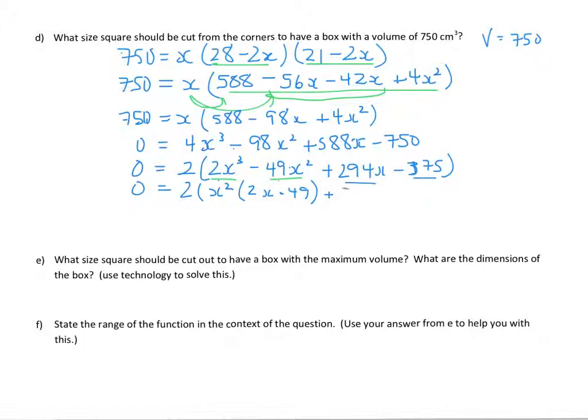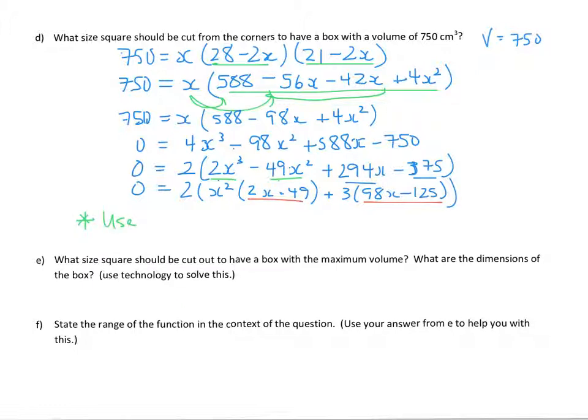So I'm going to take out a 3, but that's going to leave me with 98x and a minus 125. And from there, these brackets are not the same, so grouping doesn't work. We don't have a way to solve this using our algebra skills, so we're actually going to use technology to solve this one.